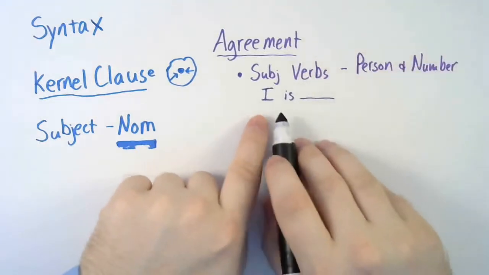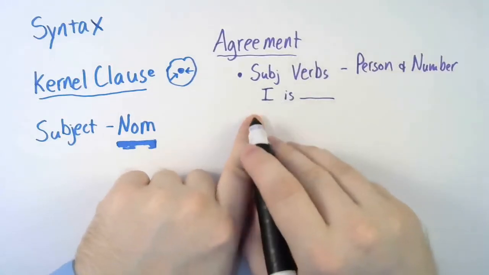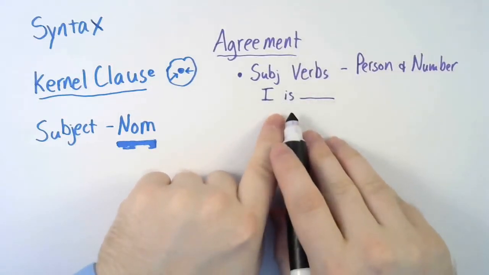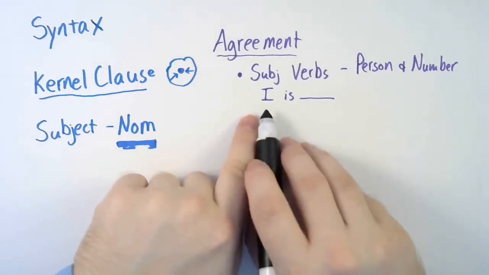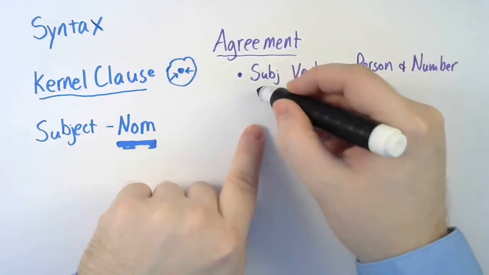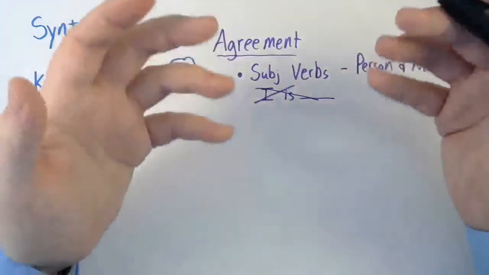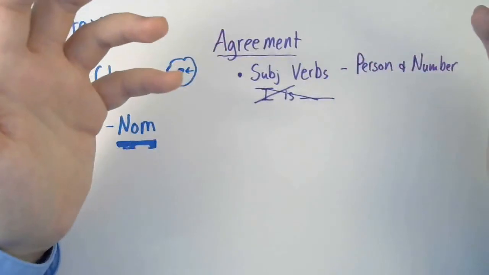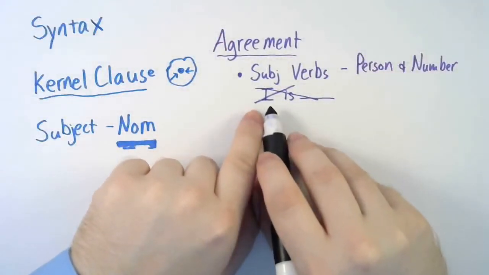Well, that doesn't agree in person because I is a first person pronoun and is is a third person verb. So this does not agree in person. So "is" cannot be the verb of I.